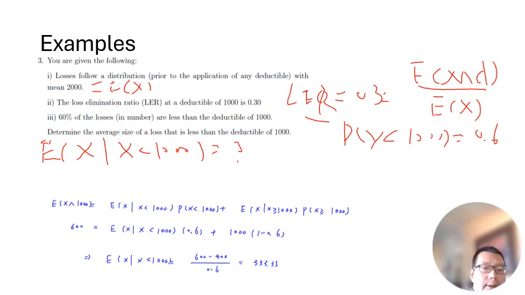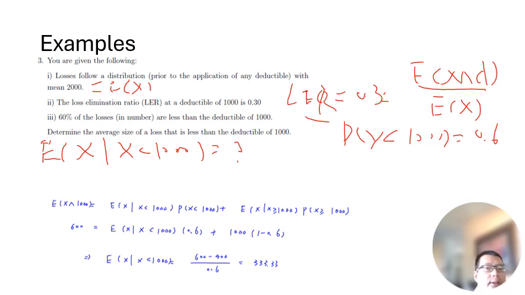So this is not very straightforward because it's not applying the formula directly, but what we can do is think about what else we know and how we are going to apply all the information.